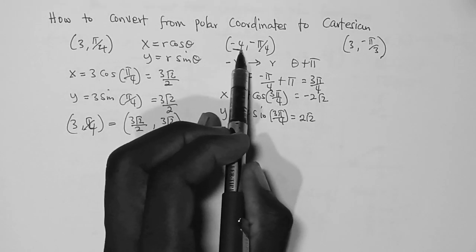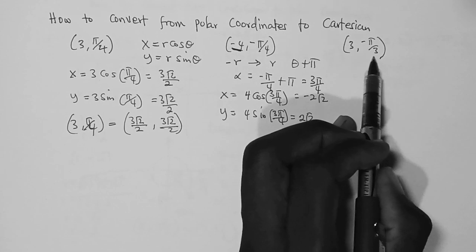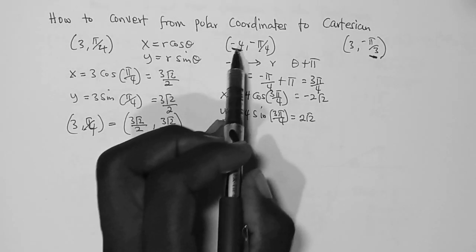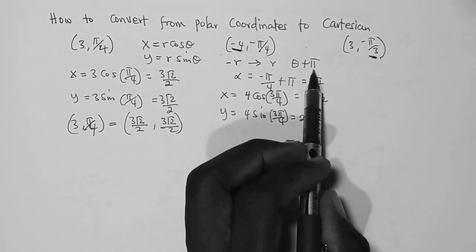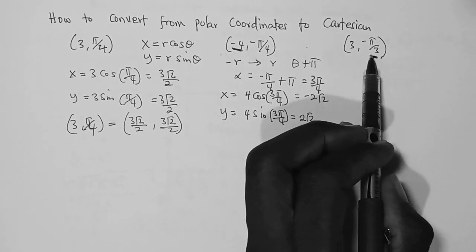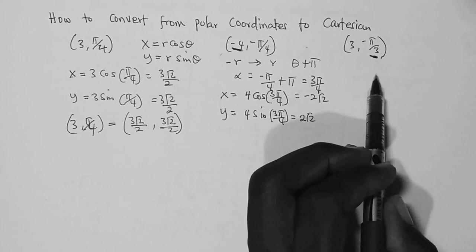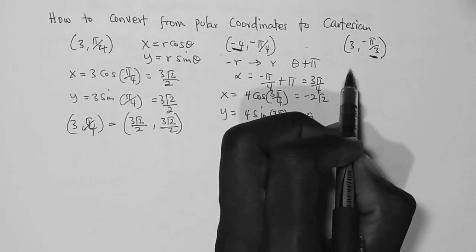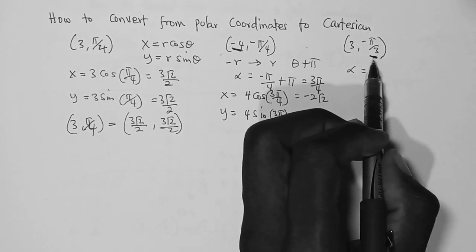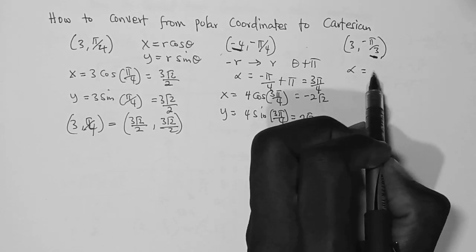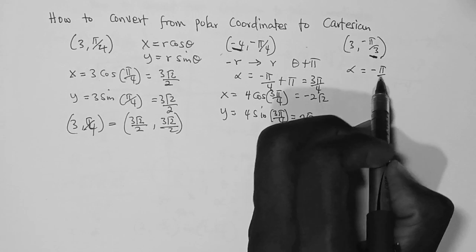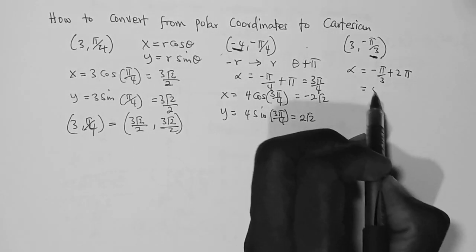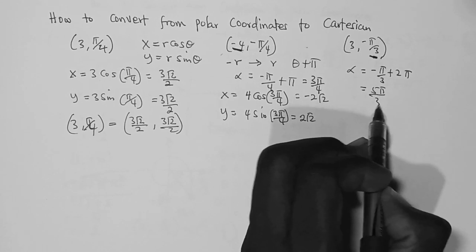Here, our focus was on r, but here our focus is on theta. If r is negative, convert it to positive r by adding pi. But if theta is negative, convert it to positive theta by adding 2 pi. So alpha is equal to minus pi over 3 plus 2 pi, and this is equal to 5 pi over 3.